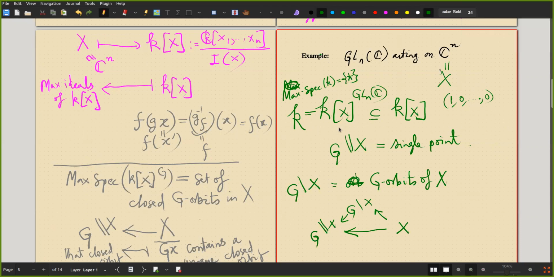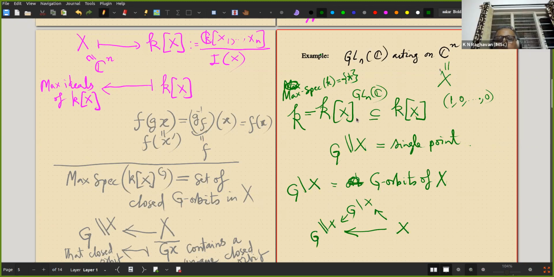Yes, sir. Okay. So, this map, you take it as follows. Algebraically, you take a maximal ideal here, look at its intersection here, the contraction. And here is something interesting. Usually, the contraction of a prime ideal is always prime, but the contraction of a maximal ideal is not in general maximal.